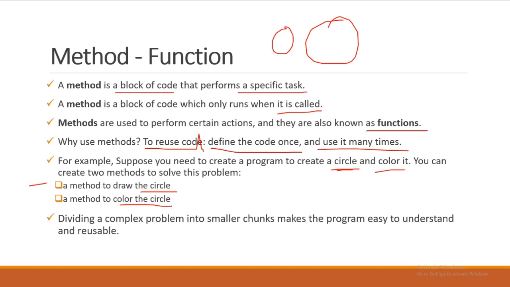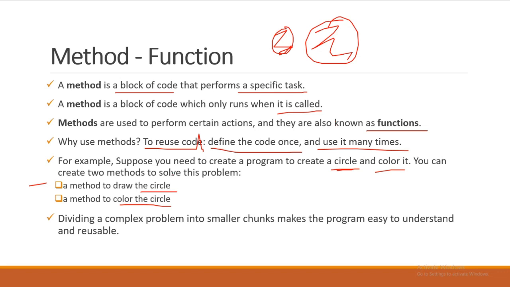It will draw different sizes of circles. Another method takes a color, which we can also send as a parameter, and it will colorize the circle. It is simple, and we can illustrate it. We create the method to reuse code. We create it once and then use it many times.